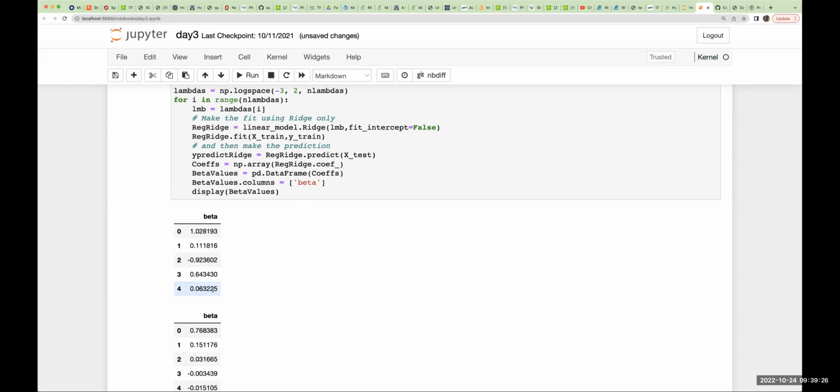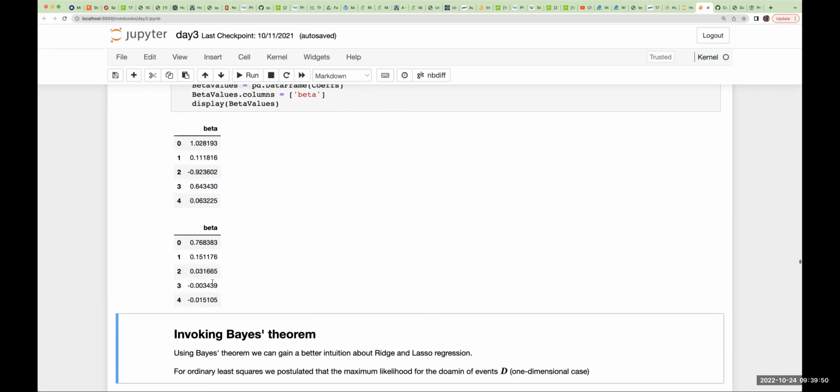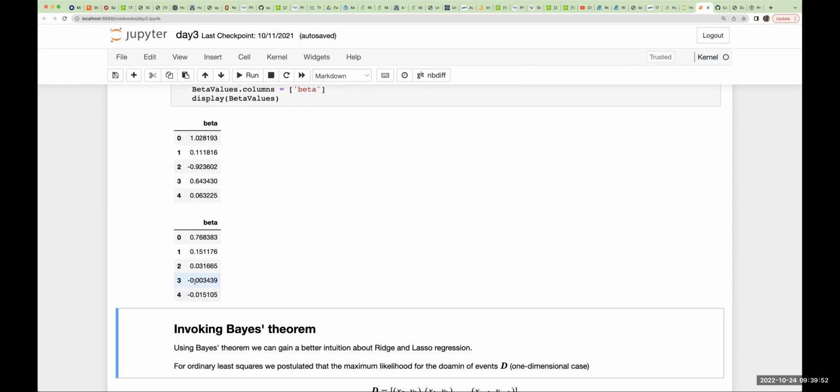This parameter was also pretty close. So what you see is that when we reduce the order of the polynomial, the parameters are not varying that much. With ridge and lasso regression, by tuning this parameter lambda, you're reducing the spread in these parameters and driving them slowly to 0.